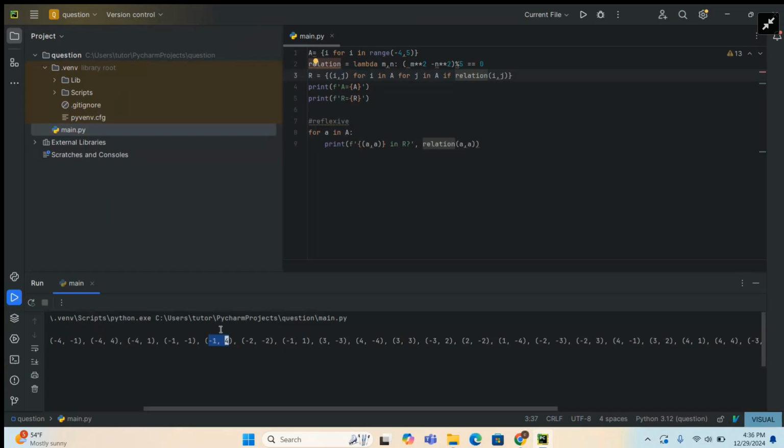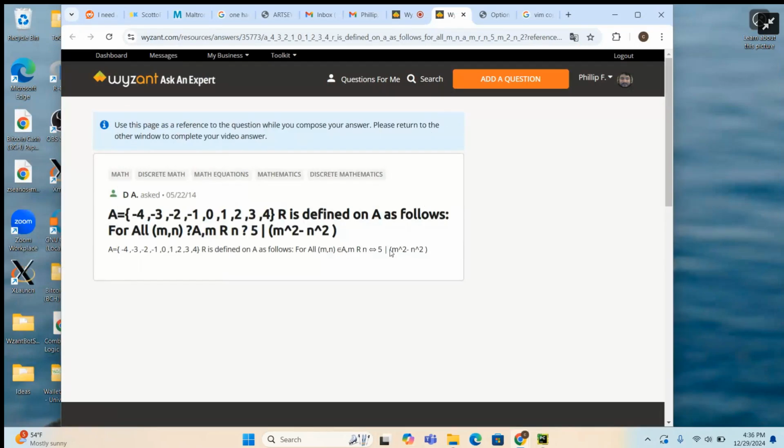And how does that help us show that this is symmetric? Well, what if we did 4 squared minus (-1) squared? That would be positive 15, which is also divisible by 5. So with this divisibility symbol, if we put a negative sign here, it would still be the same thing.